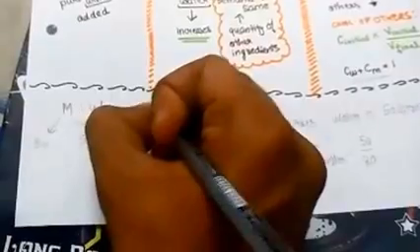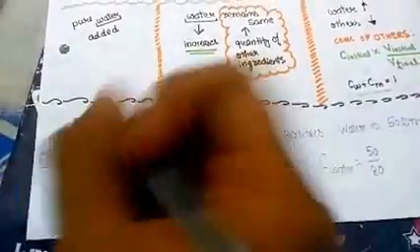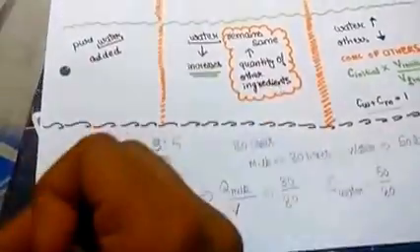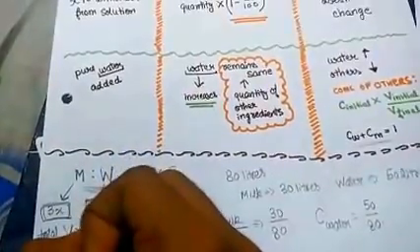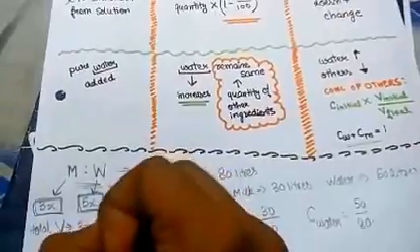Because we know the ratio but we don't know the exact quantities, we can say that the quantity of milk is 3x and the quantity of water is 5x, right? And from there we can say that the total volume is 3x plus 5x, and that adds up to 8x.